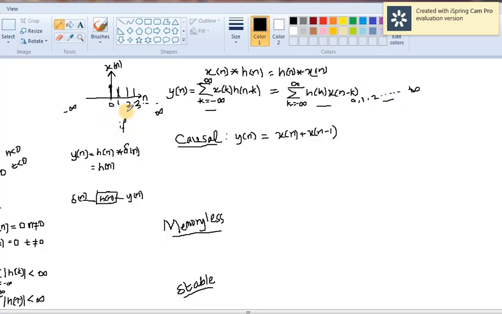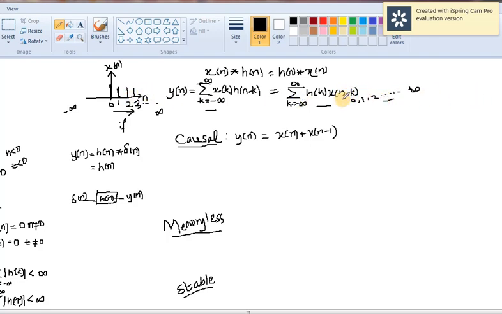I mean, if the values of our x of n signal are lying on the positive side of our axis or right hand side of our axis, then we start getting the values like, if the value is present at 0, then it is x of n, means the present value of the input. The output depends on the present value of the input. And if the samples are present at the right side, then we start getting the values like x of n minus whatever it is.